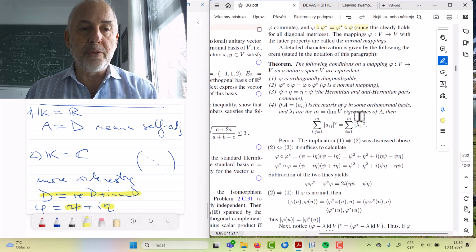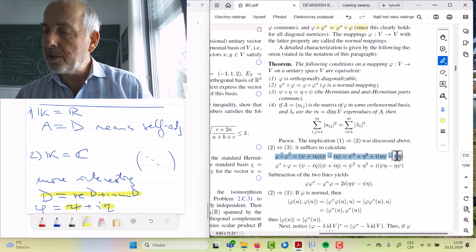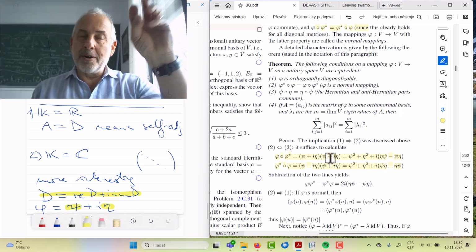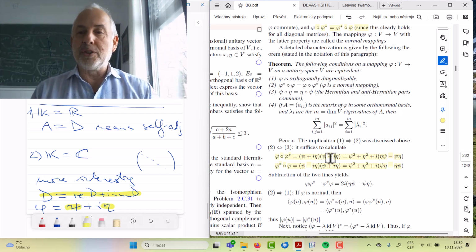And this is computed very easily. You can compute easily that phi is psi plus I eta, phi star is psi minus I eta. So the star really acts as a conjugation of the space of matrices.